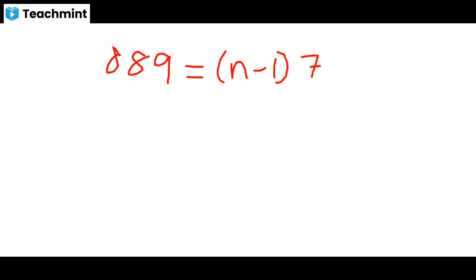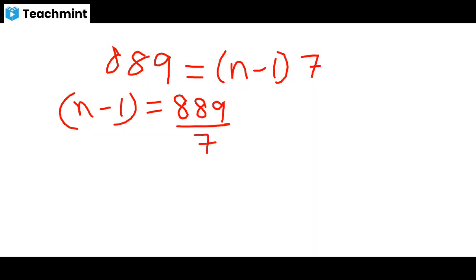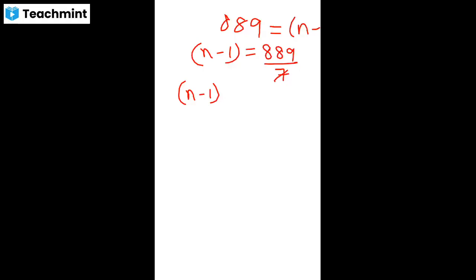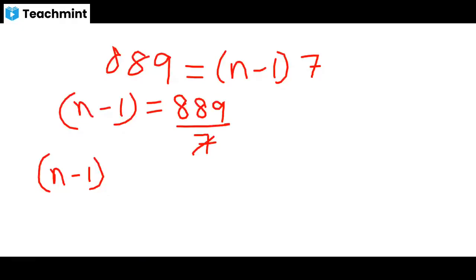Now n minus 1 can be written as 889 divided by 7. Can you cancel 889 by 7? 7 ones are 7, so 18 you get, 7 twos are 14, so 49 means 7 you get. So n minus 1 is 127.